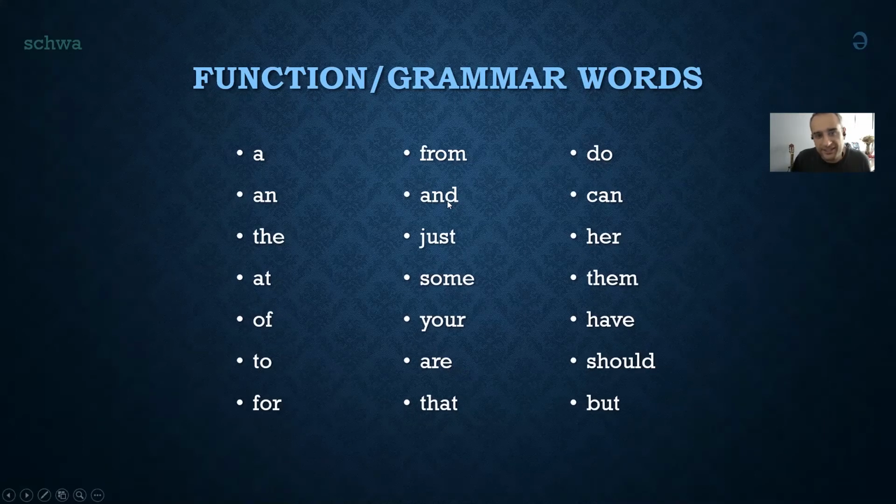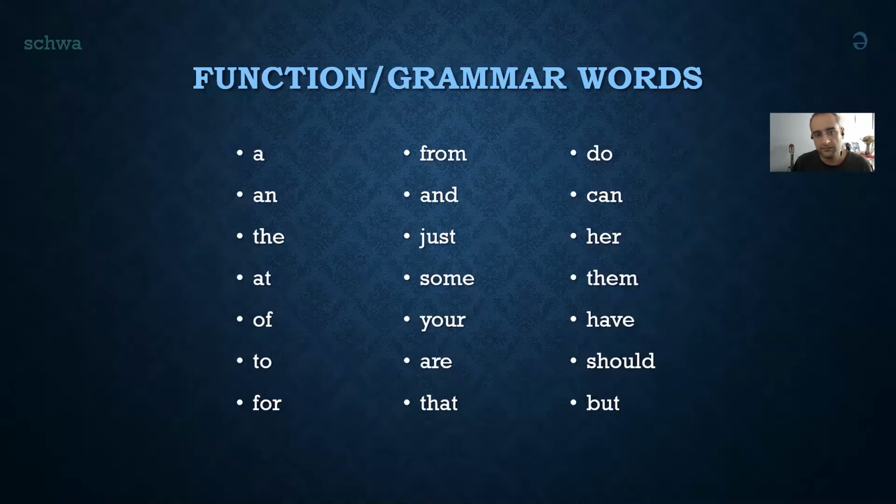And, you know, we say rock and coke, DNR, right? We don't say the full and, we just say rock and coke, come and see me, right? Come and see me. Just is mostly just, I just want to go.